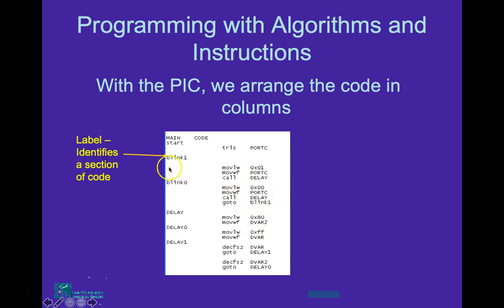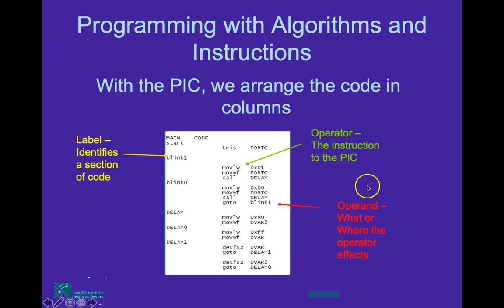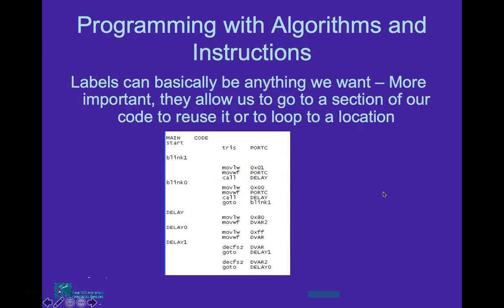Like I said before, these are called your labels, which identify a section of code, this is your operator or mnemonic, and this is your operand. Now a quick definition: labels can basically be anything we want. More importantly, they allow us to go to a section of our code to reuse it or to loop to a location.